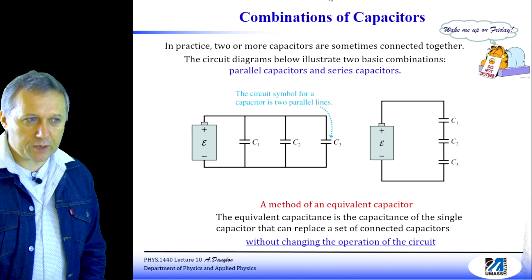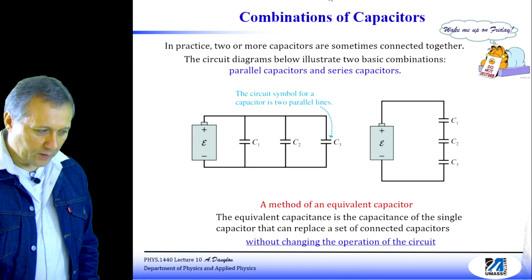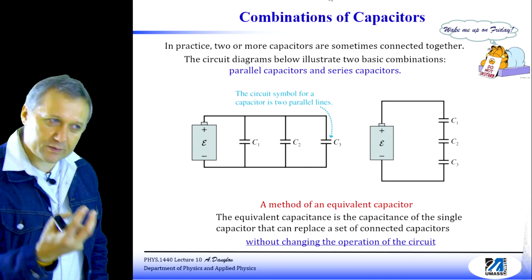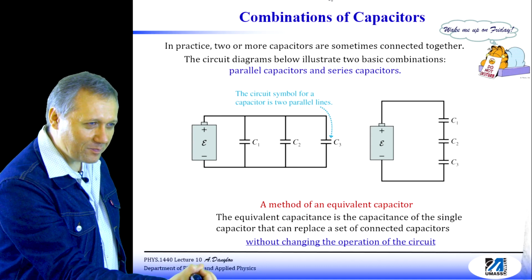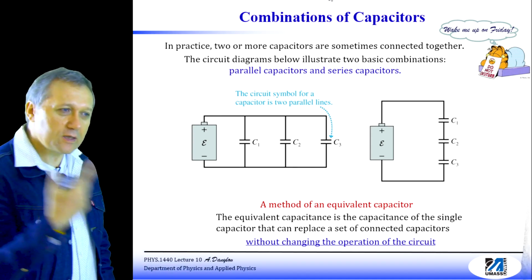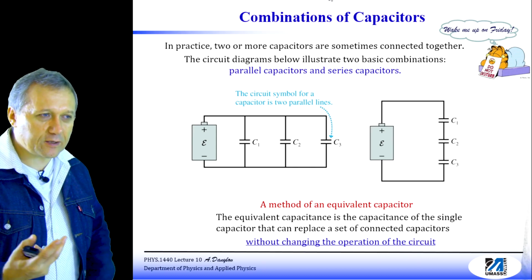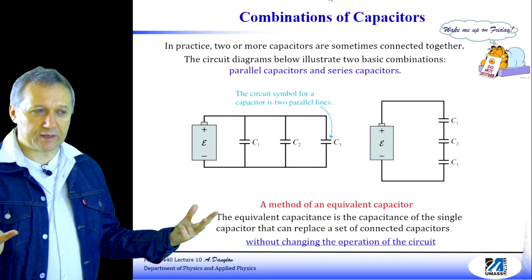Okay, so now for the next couple of slides, we need to actually derive the formulas which can be used to find that equivalent capacitance. And also, we will have to add one important piece of physics for each case, for the parallel case and for the case when they're connected in series.